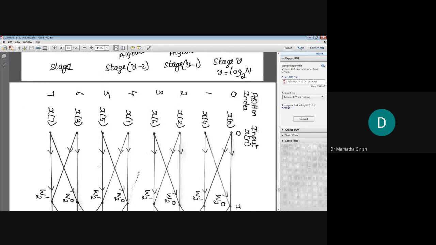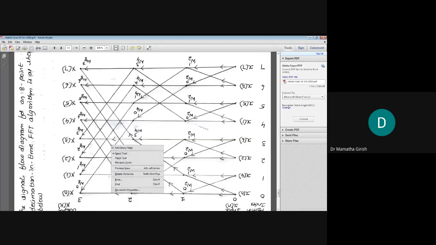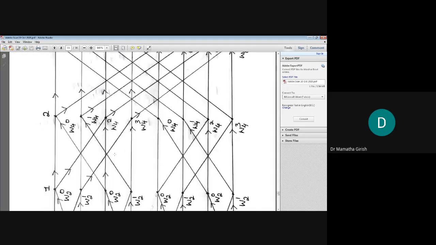Now, I'll just show the last diagram, one second. I've just shown the signal flow diagram for an 8-point DFT. This is the final 8-point DFT here. What is 8 by 2? 4-point DFT. Then again, first was n by 2, so 8 by 2 is 4.